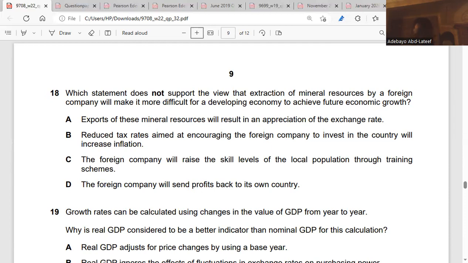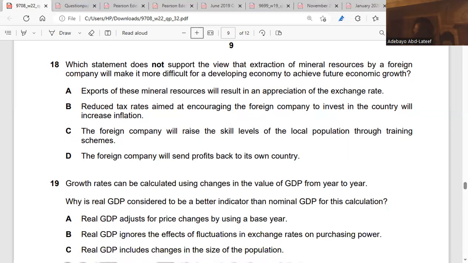Yes. The foreign company will send profit back to its own country. A, B, and D are a problem. C is not part of the problem of foreign involvement in a business. They are going to train your local workers, which is good for your company, which is good for your economy. So it's C. Question 19.